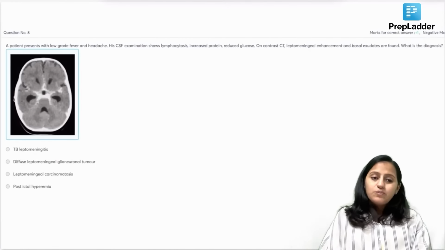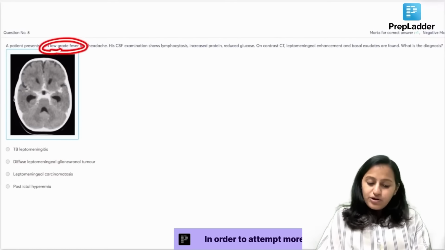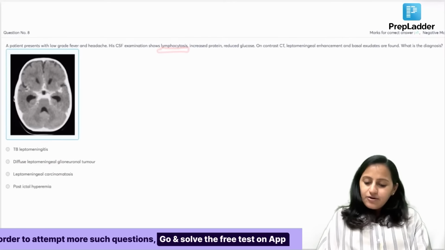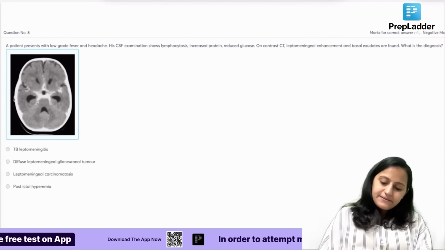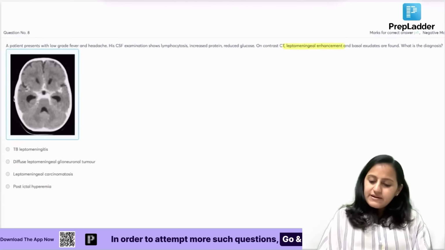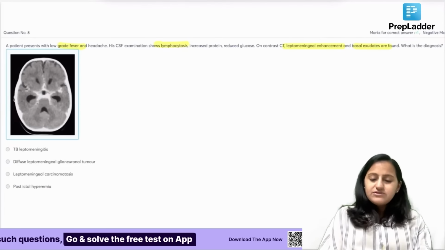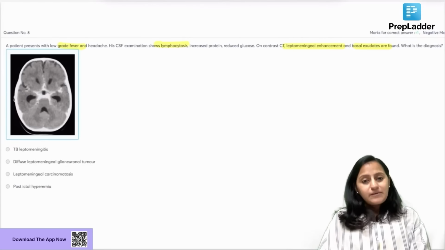Next one. What do you think will be the answer to this one? Patient presents with low grade fever, headache, CSF has lymphocytes, and there is leptomeningeal enhancement and basal exudates. What is the diagnosis? Very good, right?